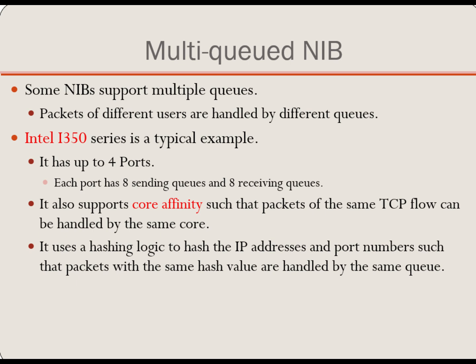This association can be based on the TCP flow, which means you use the transport ID. Usually they use TCP to decide which queue the message should go to, and so on.